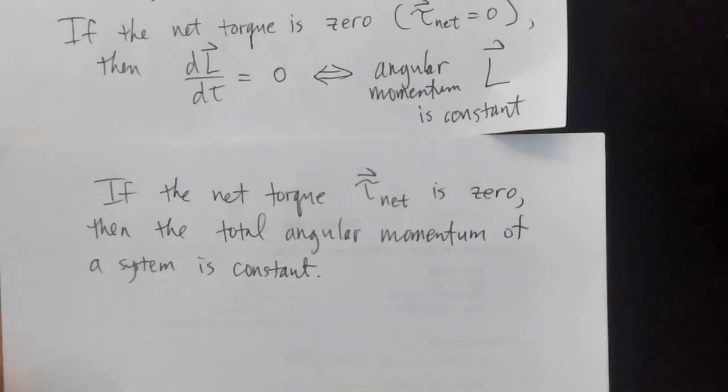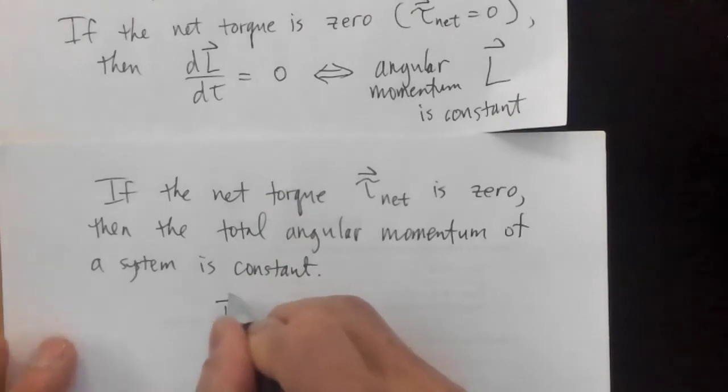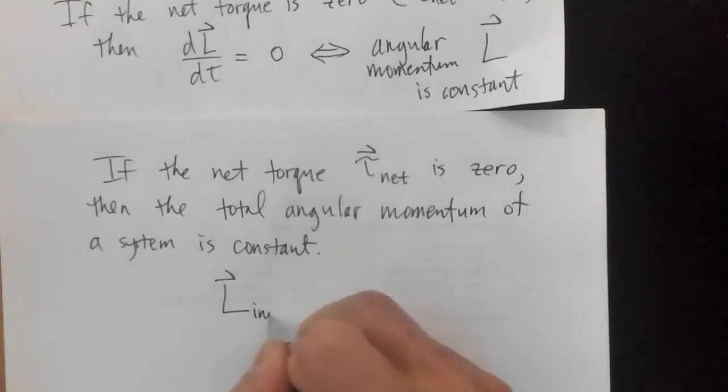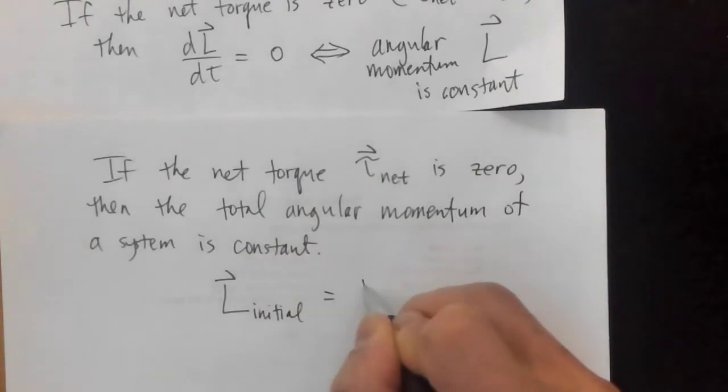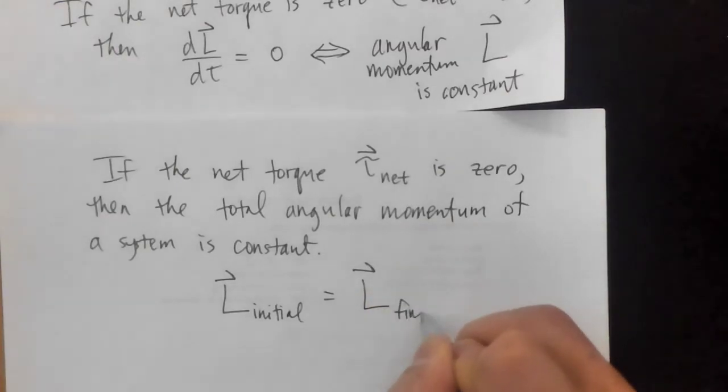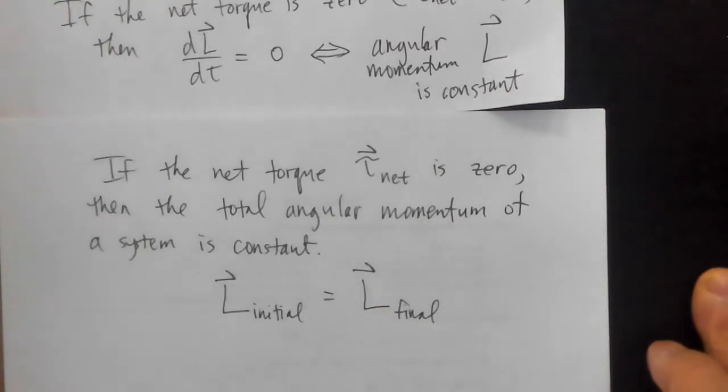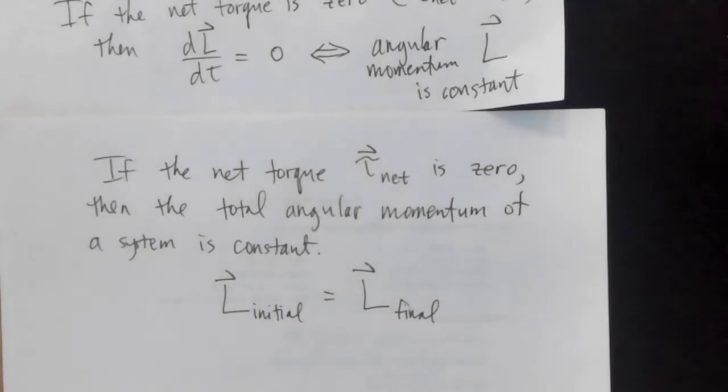We would do it just like we do regular momentum conservation. We'd say L initial is equal to L final. Questions about this?